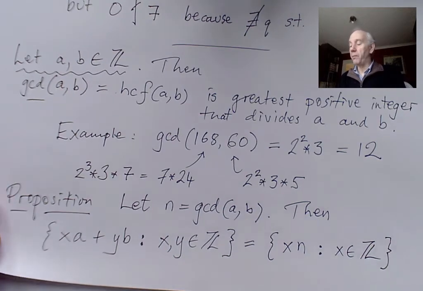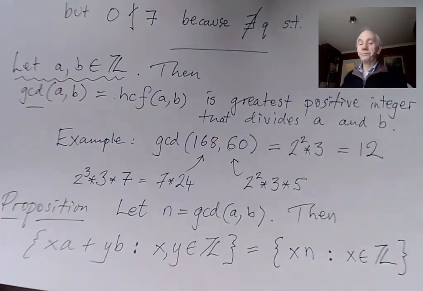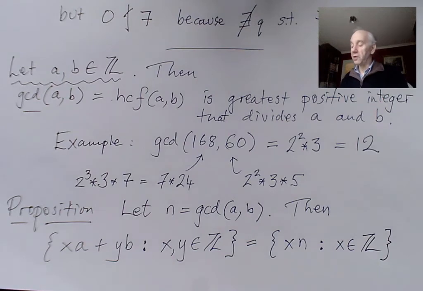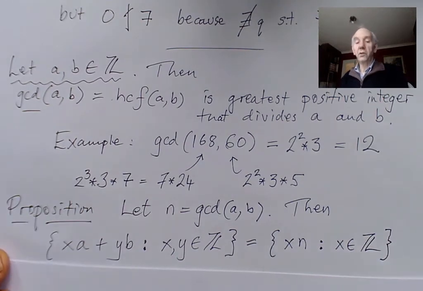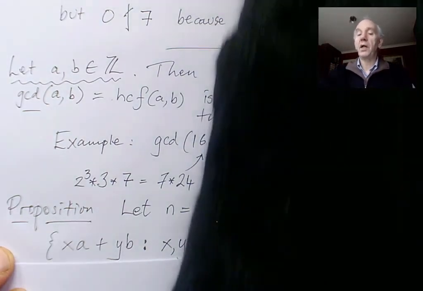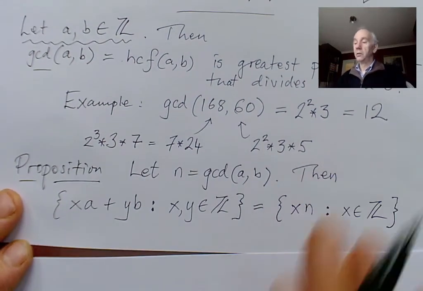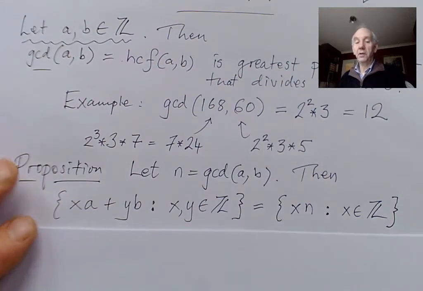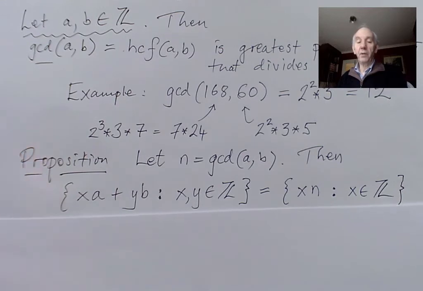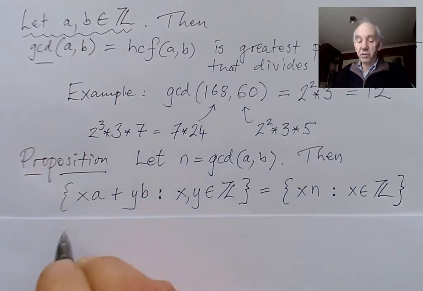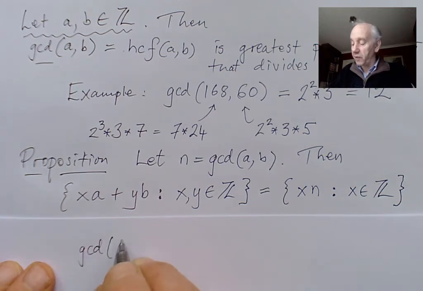Again, I want to give you an example because this is a very important result. It has various consequences. The example is this, so I'm just again choosing numbers more or less at random. Take the greatest common divisor of 7 and 31.